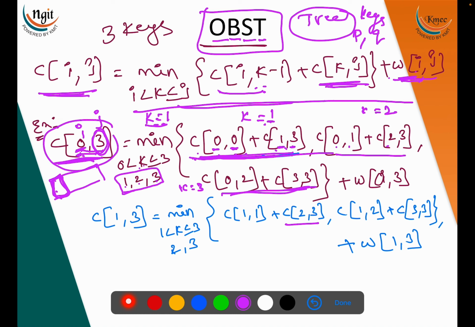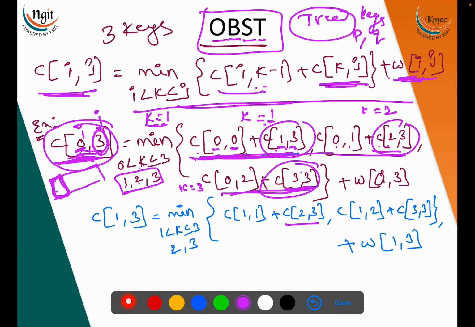To get the value of this, I should know the 1, 3 value, the 2, 3 value, and the 3, 3 value. So what we are going to do is the reverse process. We will calculate the higher terms first. When you get these costs first, it will be very easy for us to get the lower values.